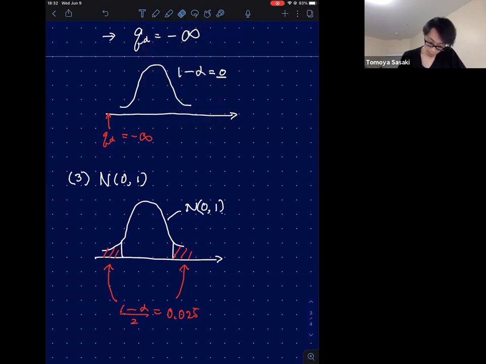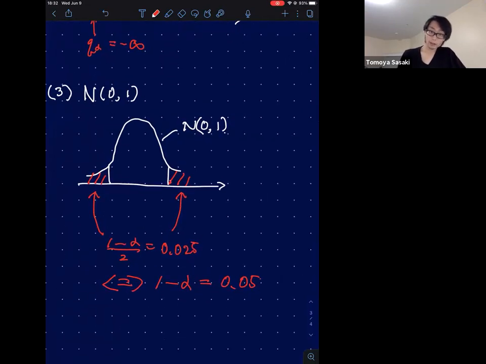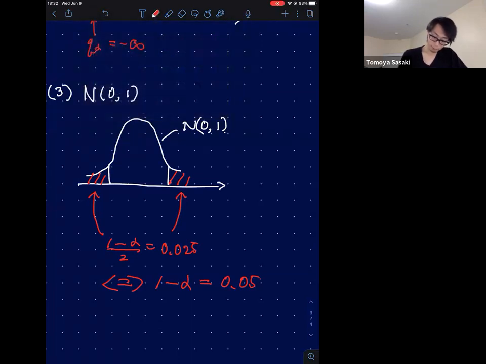I'm going to go below. So we want to find the two tails of the distribution to be 0.025 each.